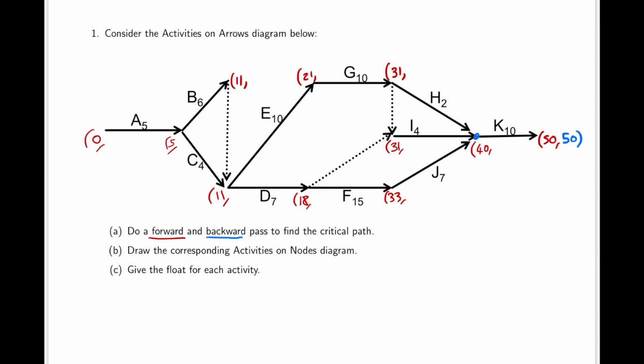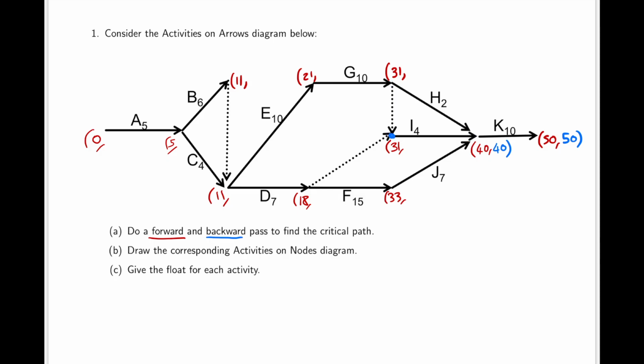What is the latest possible time we can reach this point in the project? Well, in order to keep this as 50, this takes 10, so this can only be 40. Now where do we analyse next? We cannot analyse this node yet because the latest possible time to reach here will affect both this node and this node. One of those we haven't analysed yet.